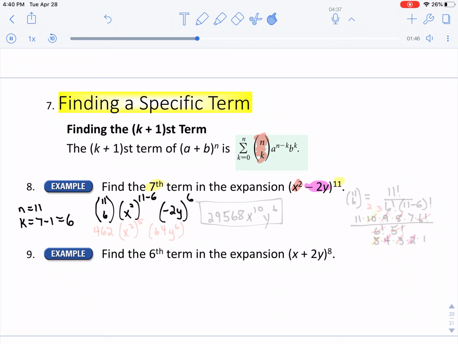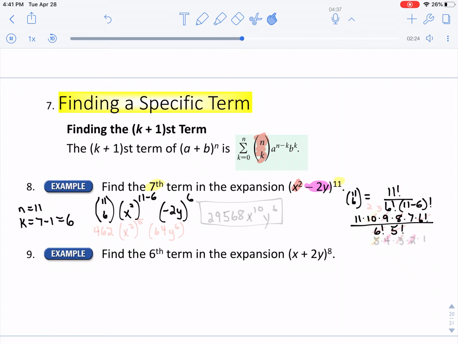Let's start with the combination 11 choose 6. Remember that's the top number, 11 factorial, over the bottom number, 6 factorial times 11 minus 6 factorial. That gives us 11 factorial, which is 11 times 10 times 9 times 8 times 7 times 6 factorial, over 6 factorial times 5 factorial.